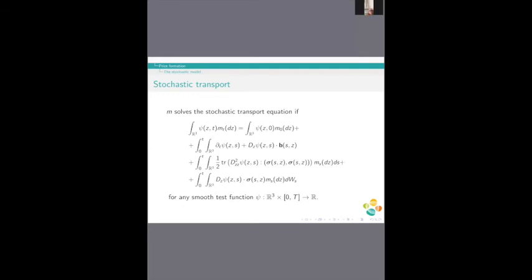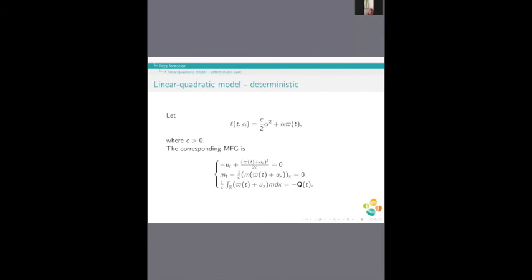So now that we have these two models, let's go through a couple of examples, and I'll start again with the deterministic, and then I'll address the stochastic case later on. Mostly in examples, I'll tell you a little bit about the theory. So let's go back to our deterministic model.